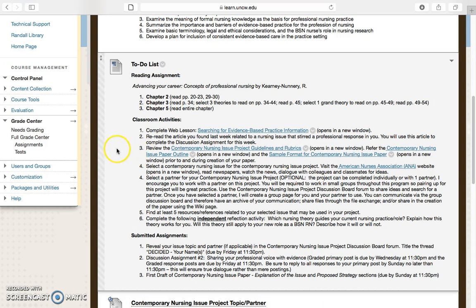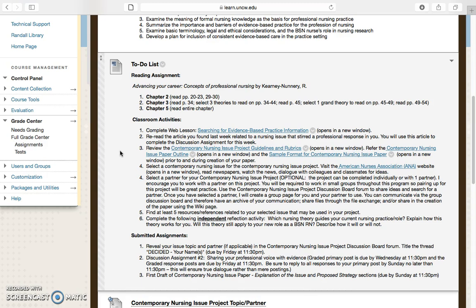Pay particular attention, please, to number 3 here, when you are asked to review the Contemporary Nursing Issue Project Guidelines, also the issue paper outline, and then the sample format for the Contemporary Nursing paper. I have had in the past several students who do not take advantage of all of these examples, rubrics, and guidelines, and it really affects the overall preparation, organization, and also grade of their paper.